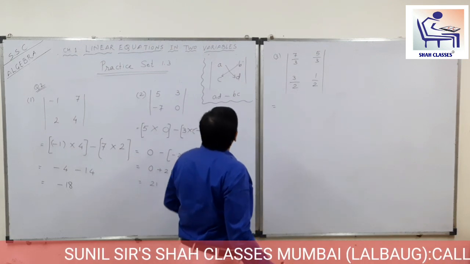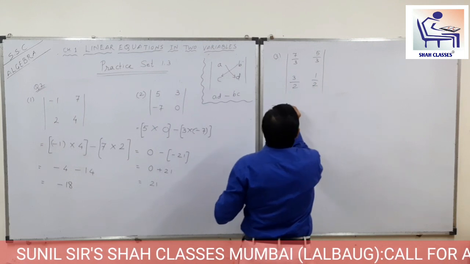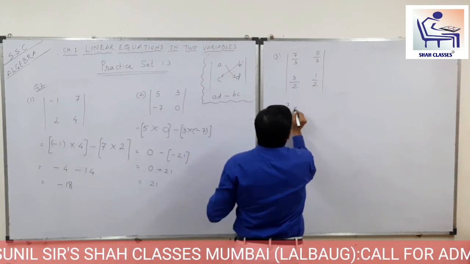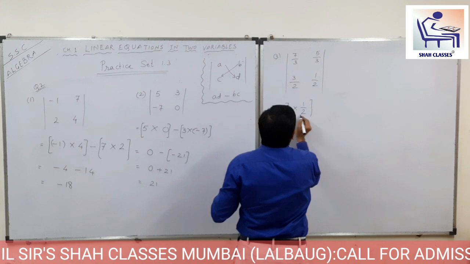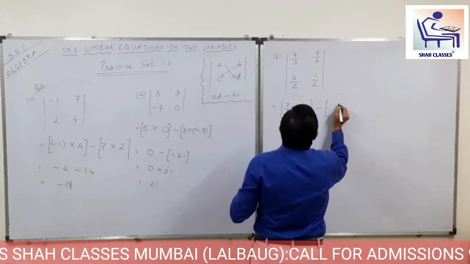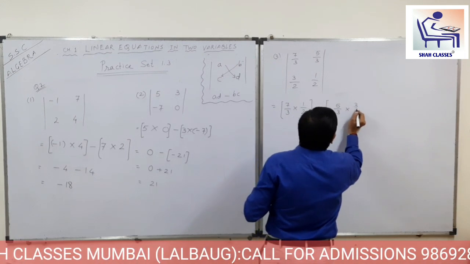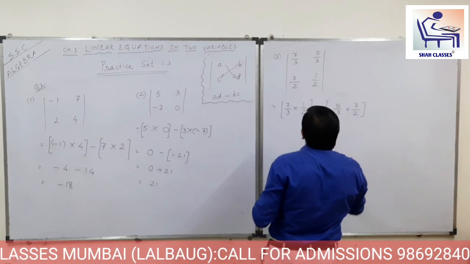Now, once again, we are going to follow this A into D. So that is 7 upon 3 into 1 upon 2 minus 5 upon 3 into 3 upon 2.